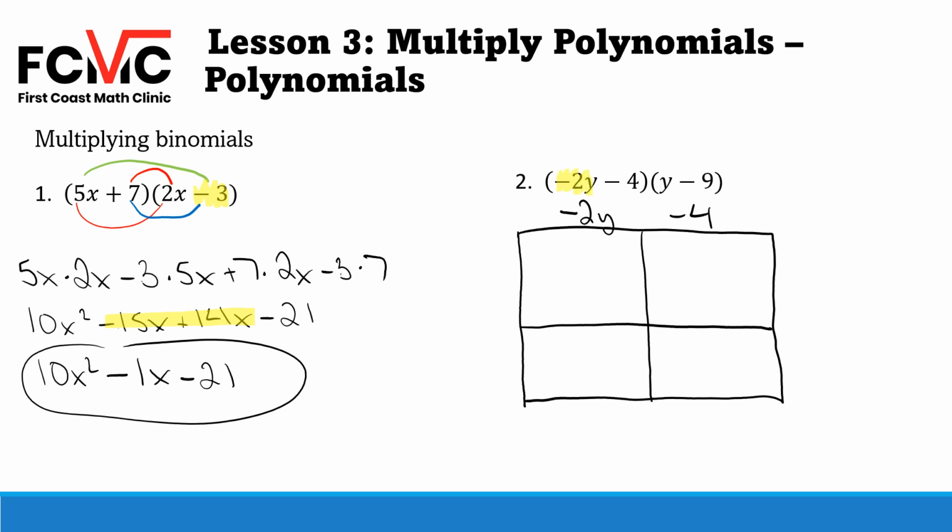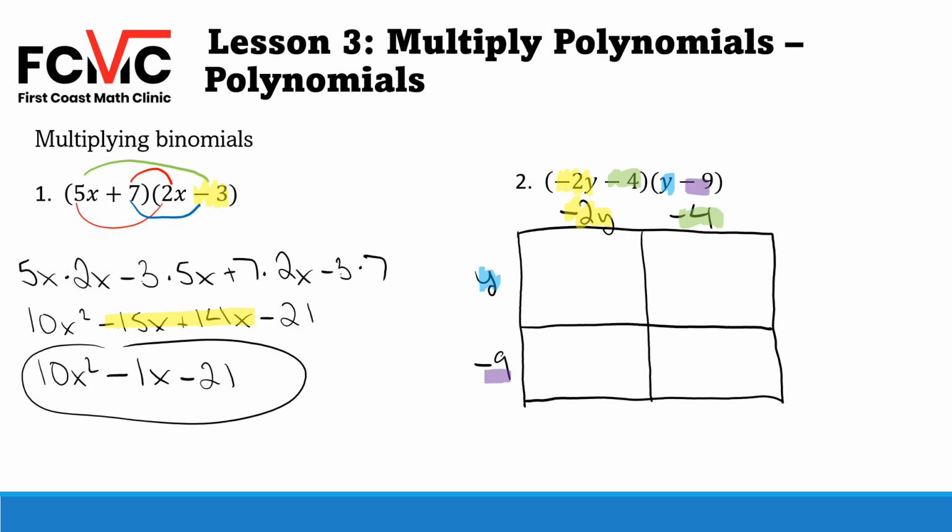So I'm including the negative 2y, the minus sign with the 2, and the minus sign with the 4. And then y and minus 9. So y is here, and the minus 9 is here.